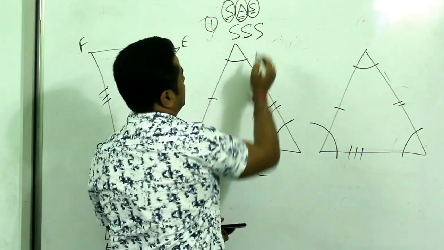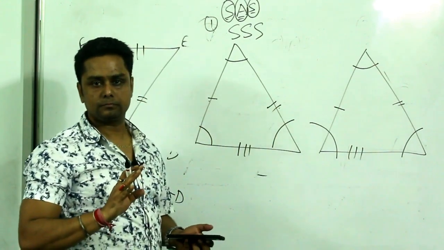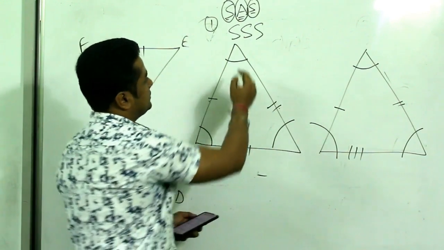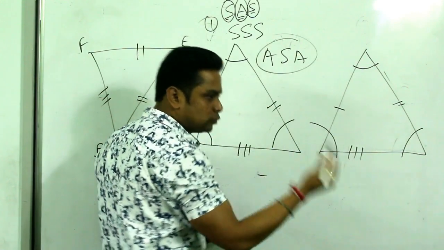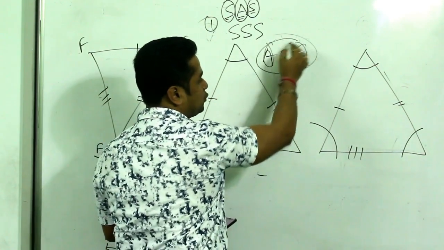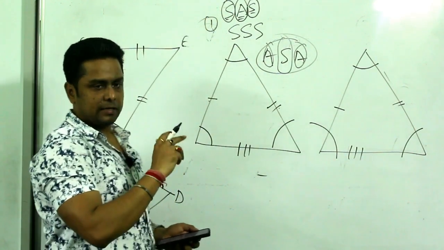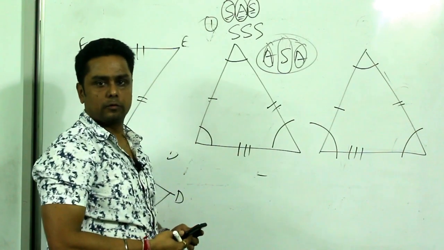Side, side, side. That means if the three sides are equal, that means the triangle is equal. Automatically all the angles will be equal. And the third point is angle side angle. Means if two triangles have two angles equal and one side equal, then they are known as congruent.